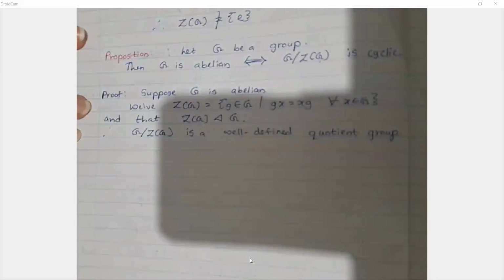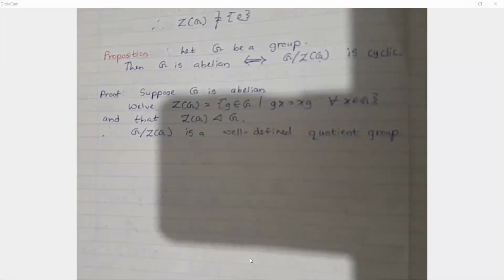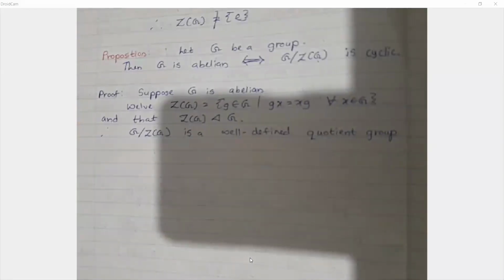If G is abelian, what can you say about Z of G? That means any pair of elements that you take from G would commute. For any x that you take from the group G, gx would equal xg because G is abelian. So we must have the group G equal to its center.